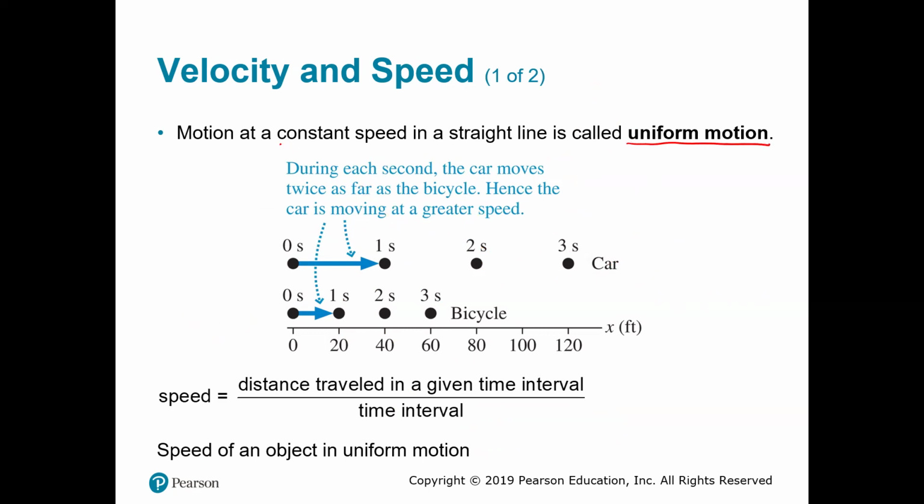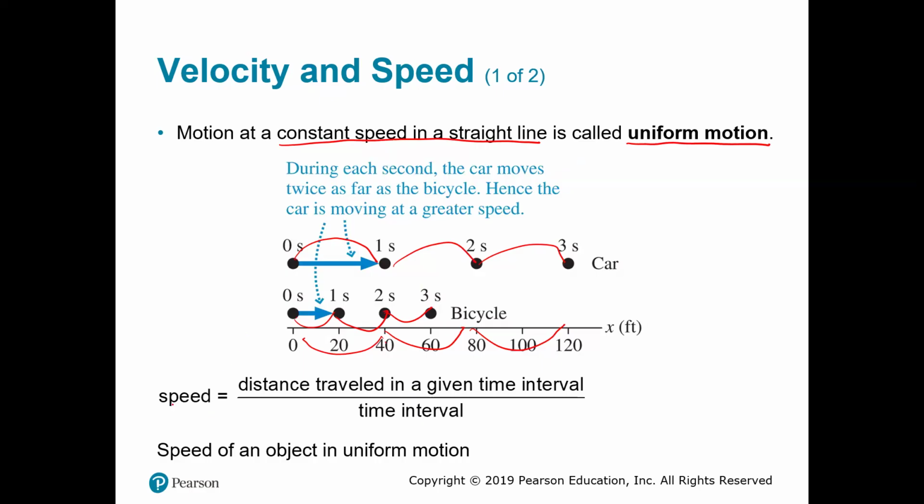So this car, for the first second, moves 40 feet, and then another second, another 40 feet, another second, another 40 feet. So the car moves at a constant speed, in other words, uniform motion. Bicycle, 1 second, 20, another second, 20, another second, 20. So it's a uniform motion.